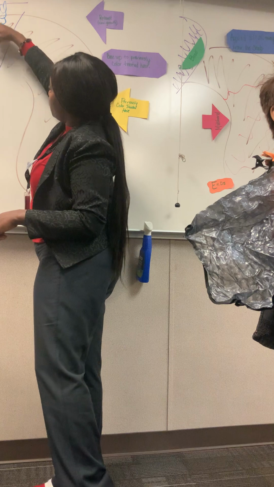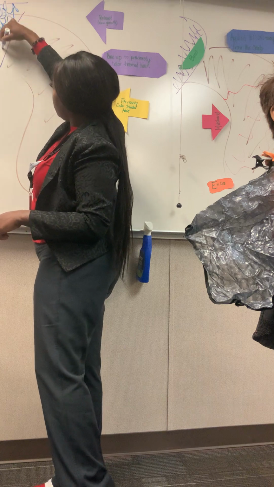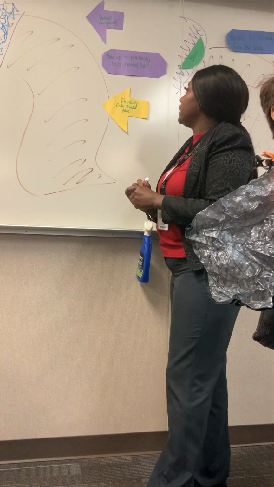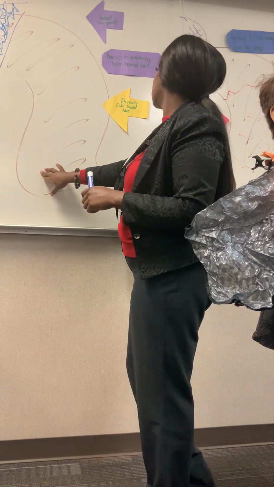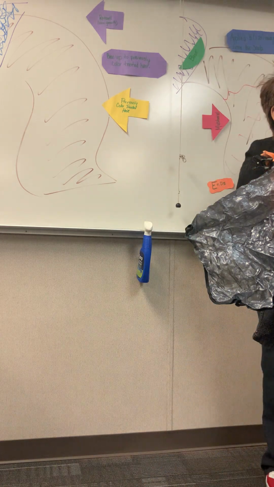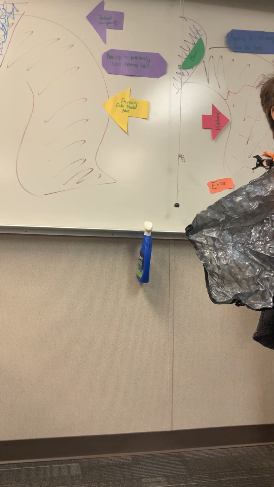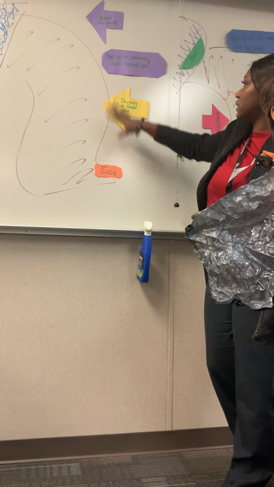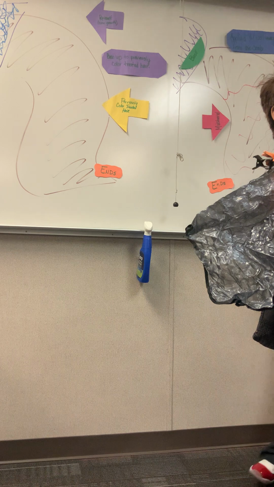This is where our new color will go after it's formulated, to blend in with the previous hair color. And these are ends, but we typically let it process and blend.